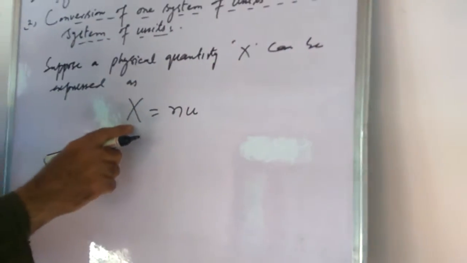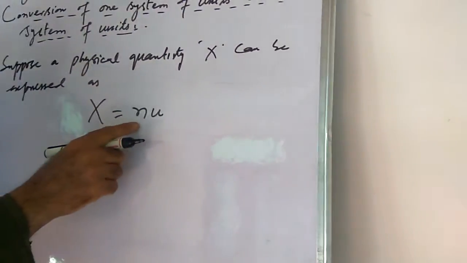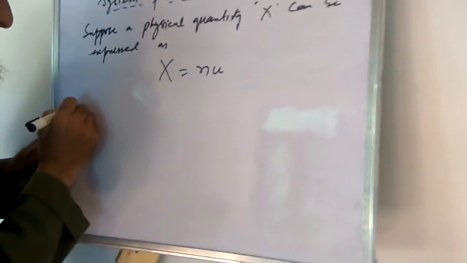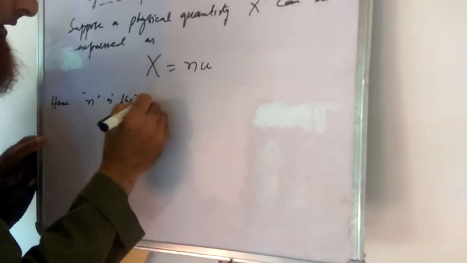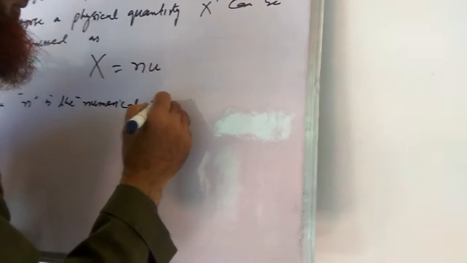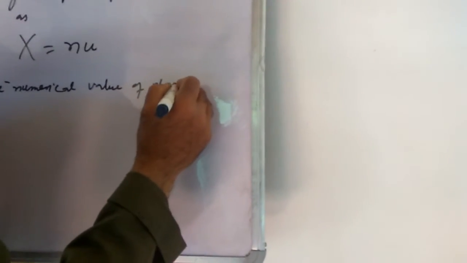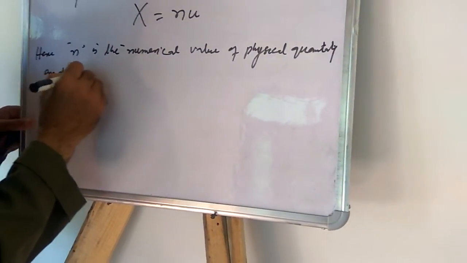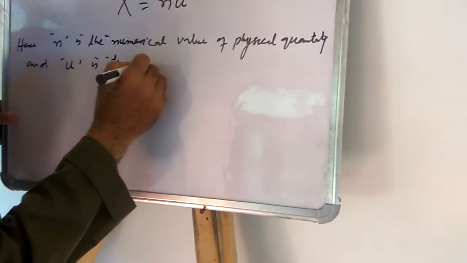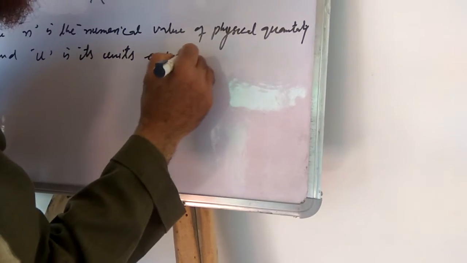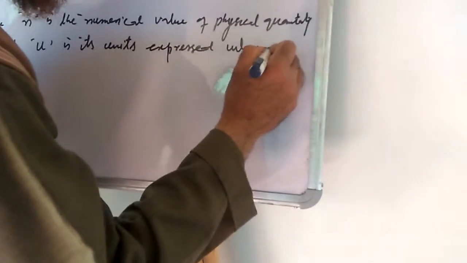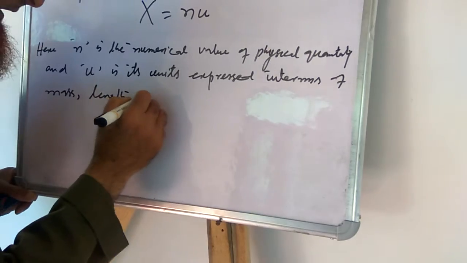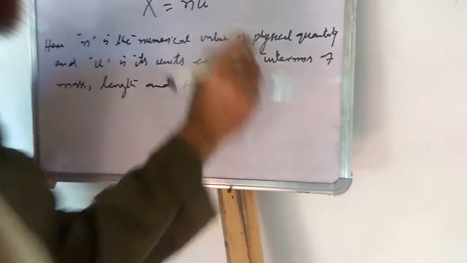What is n and what is u? n is the numerical value of the physical quantity, and u is its unit expressed in terms of mass, length and time.